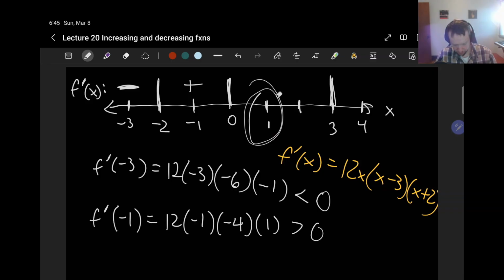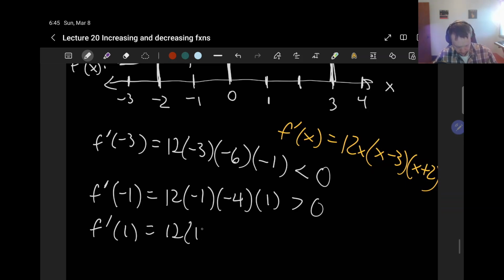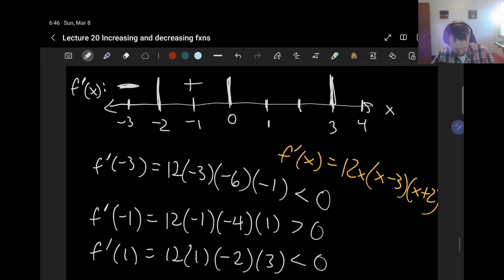For this interval, let's plug in 1. Or 1 minus 3. That is -2. 1 plus 2 is 3. Just have a single negative here, which makes the whole thing negative, if you have an odd number of negatives.